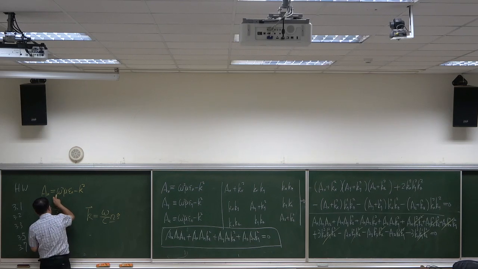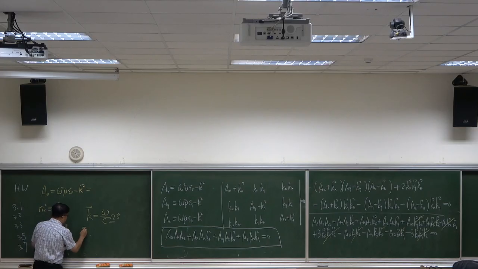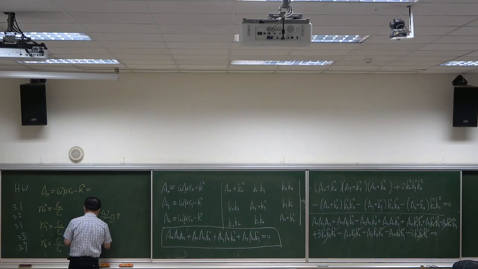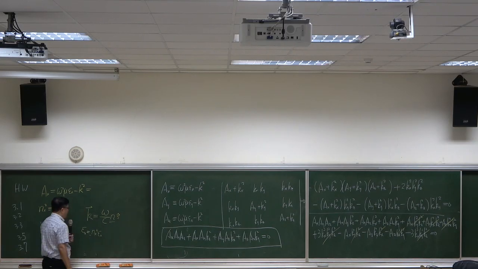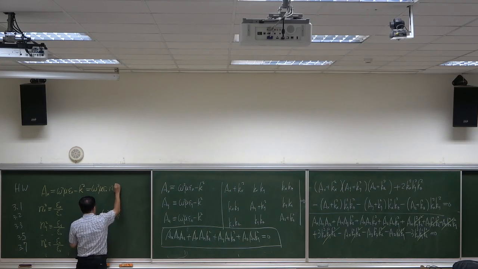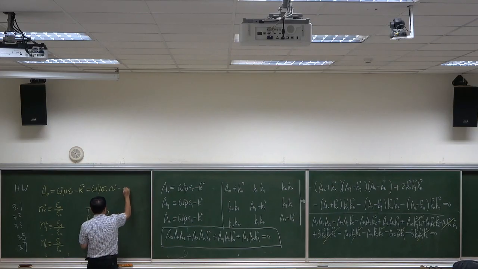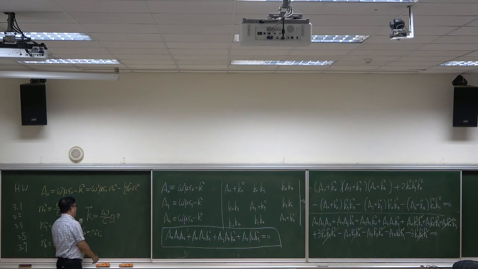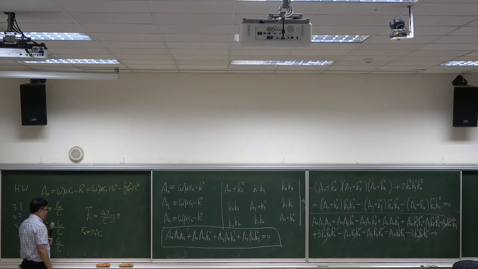We now have this can be written as this, which means that epsilon x is nothing but nx squared times epsilon naught. So this is equal to omega squared mu epsilon naught times nx squared minus omega squared over c squared times n squared. Here n is an unknown.